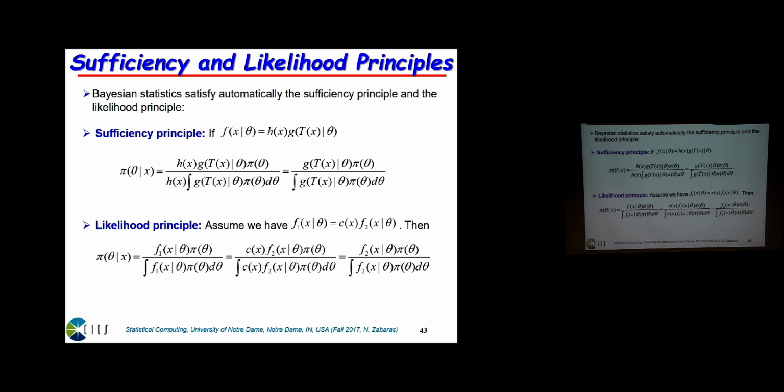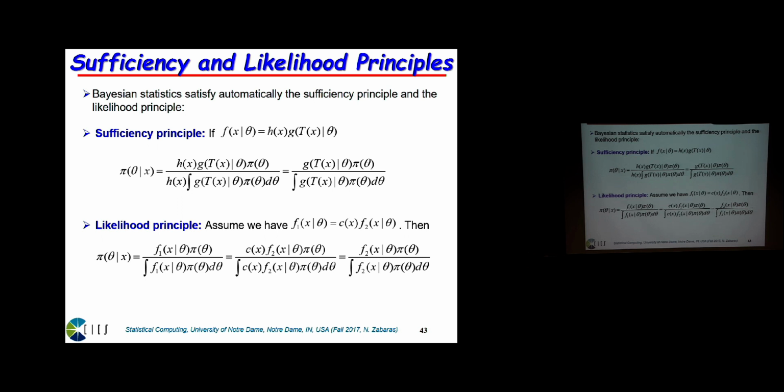You notice c of x cancels in the numerator and denominator, because the denominator involves the likelihood. The marginalization is the integral of the term in the numerator. So c of x and c of x cancel out. So basically inference through a likelihood F1 or a likelihood F2 gives you the same answers for your posterior distribution.